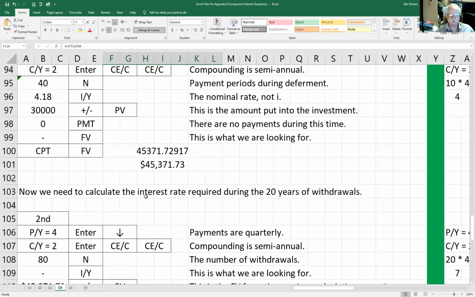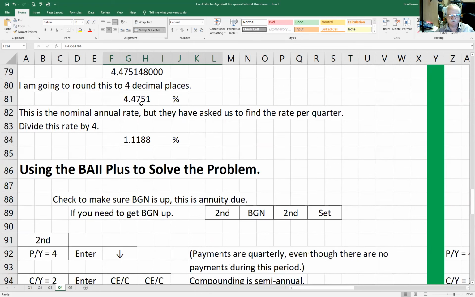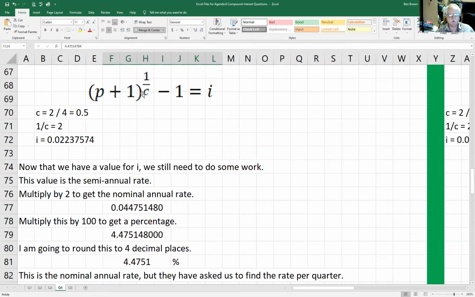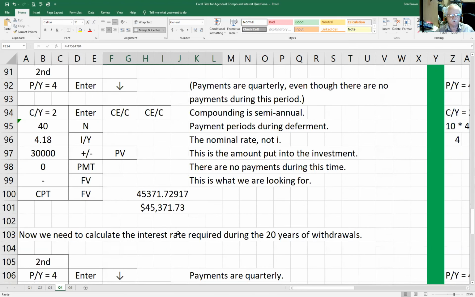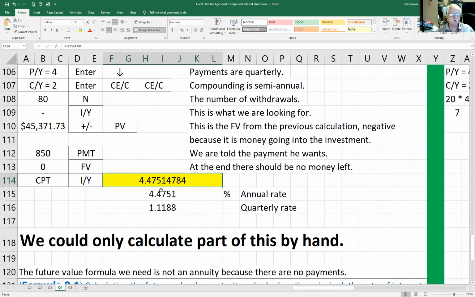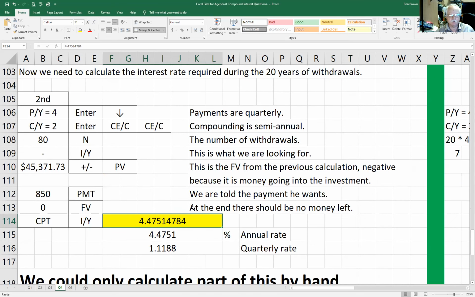So Excel gives us the same answer, but we had to do a lot more work up here to get there. The BA2 Plus is much nicer. It just spits out the answer we actually want. So when you're finding the interest rate, it's definitely better to get used to doing it on the BA2 Plus.